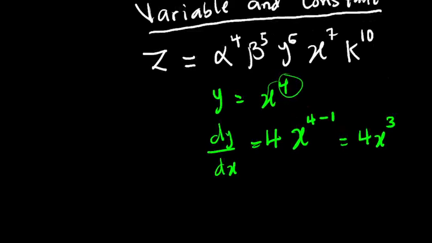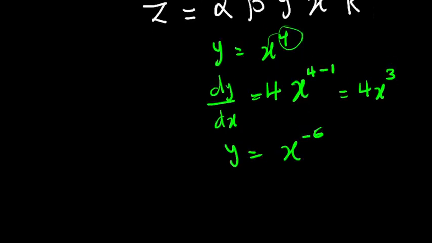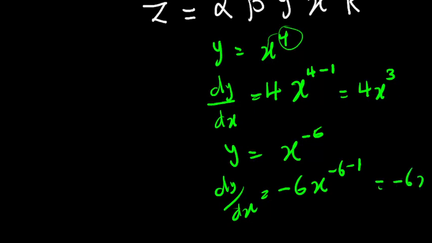Let me write another thing again. Let's say we have y to be equal to x raised to power minus 6. You have dy dx to be equal to minus 6 will come down, then you have x raised to power minus 6 minus 1. That means we are having minus 6 x raised to power minus 7. So don't forget that.